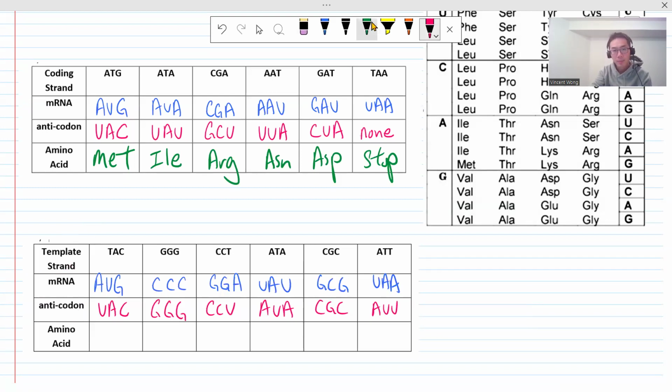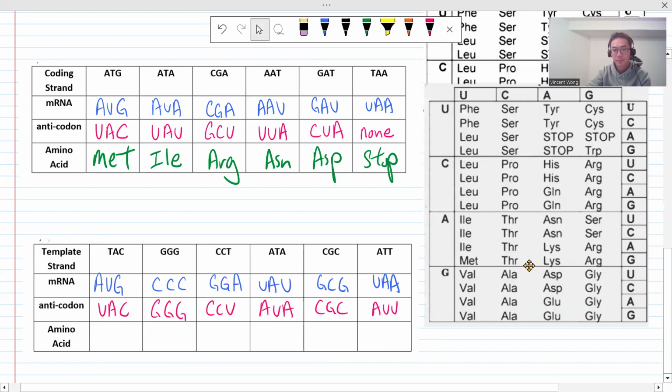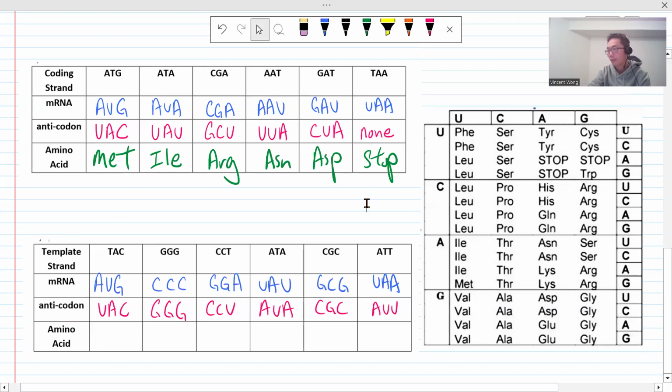Okay. And we look up the amino acid. Does anybody have the amino acid sequence here? So I don't have to look them up. Anybody have the amino acid sequence to share?